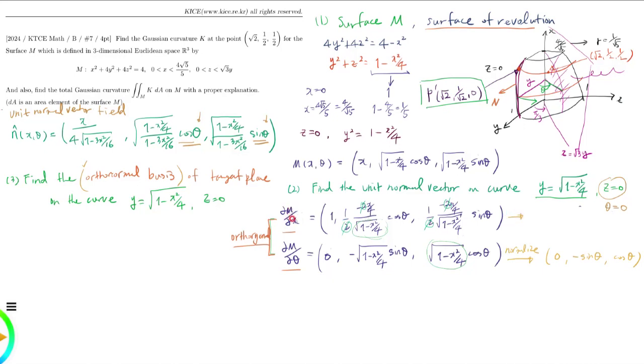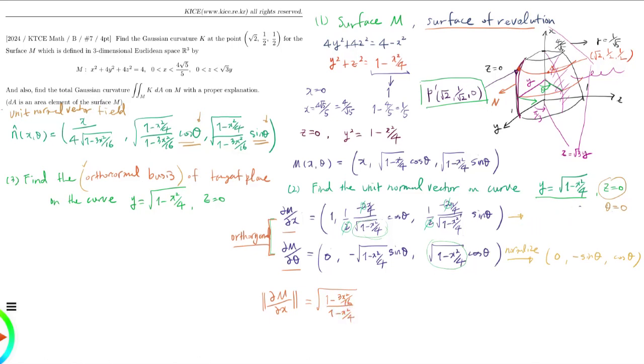And for the partial derivative with respect to x, as we have already done, the norm of this partial derivative is the square root of (1 minus 3x squared over 16) over (1 minus x squared over 4).